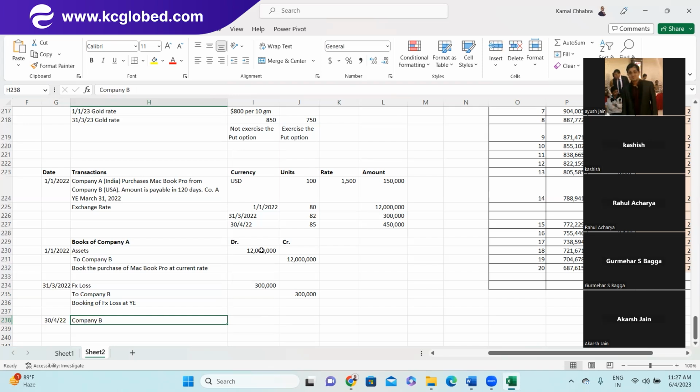So company B will be debit, then FX loss will be debit by 450,000, and to cash by 1.7 million. But first you need to book this loss.